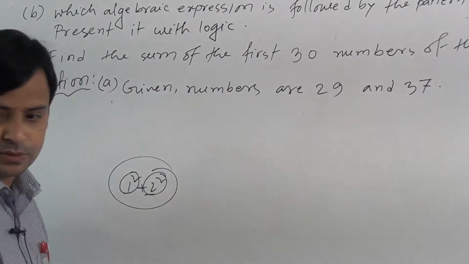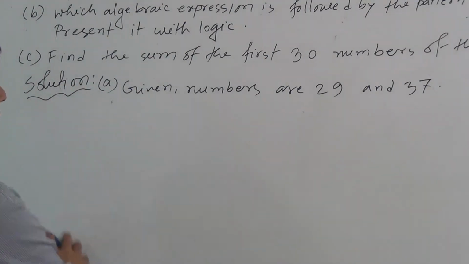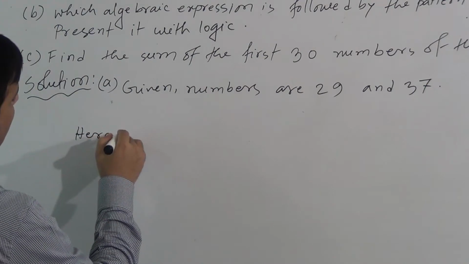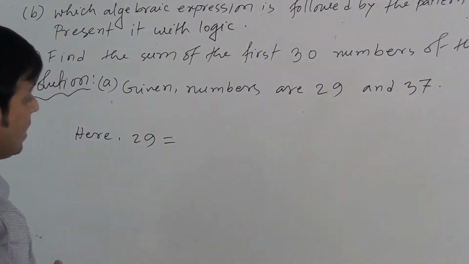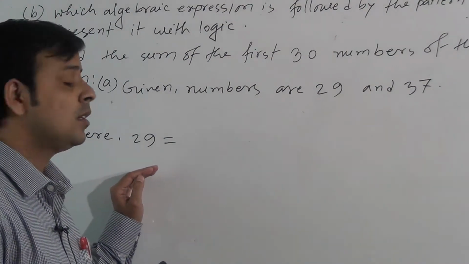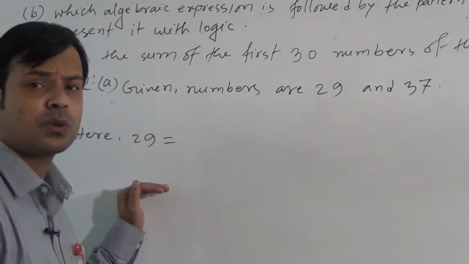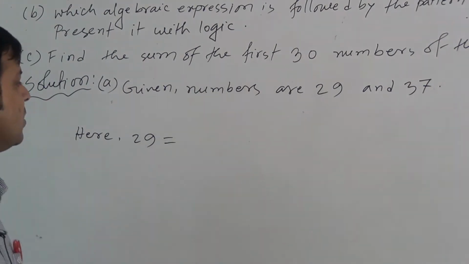Okay, dear students, now see. 29 is a number. The sum should be equal to 29, so the perfect square numbers should be less than 29.